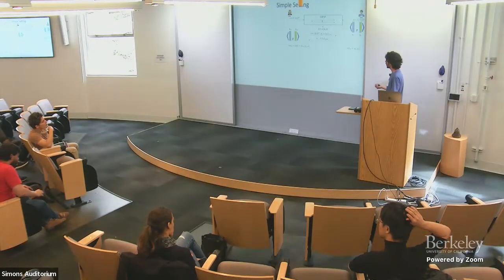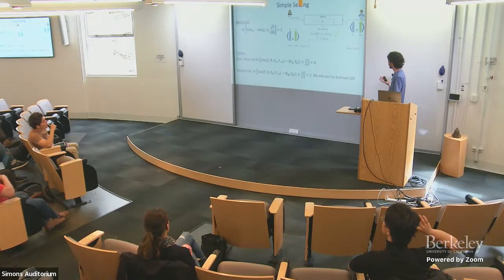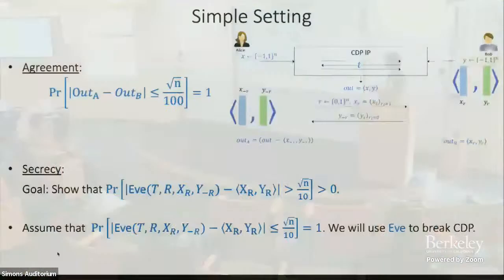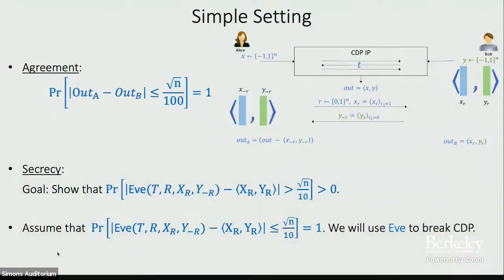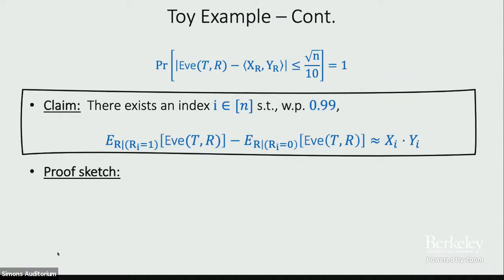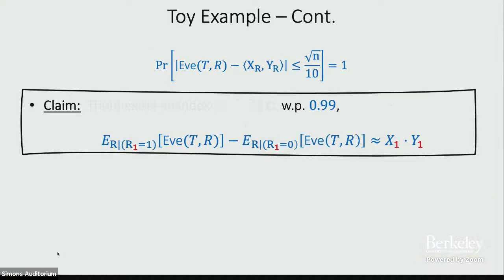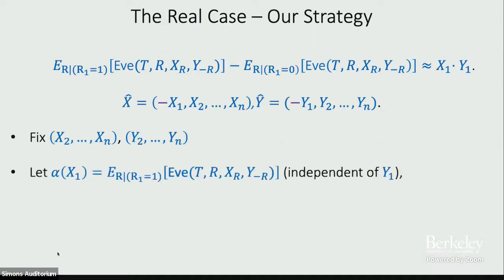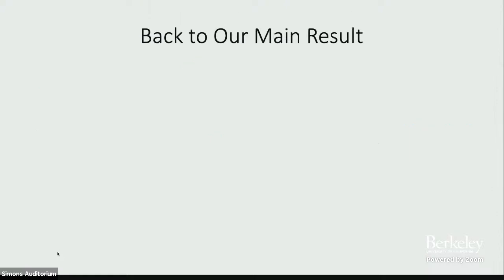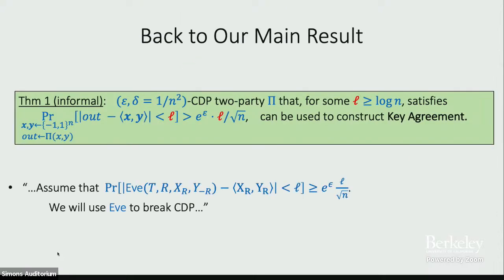Okay, so I don't have time to show you the ideas from the proof, but in the simple case, the proof is very simple. The simple case is when the noise is bounded in expectation. The noise can be large, it can be square root of n, but the expected noise is not square root of n over log n.